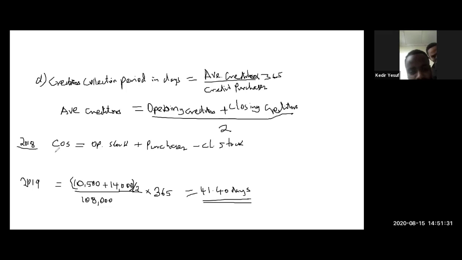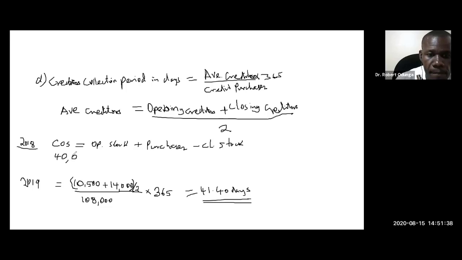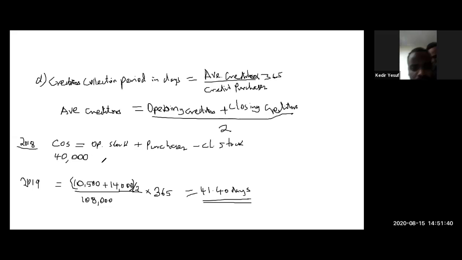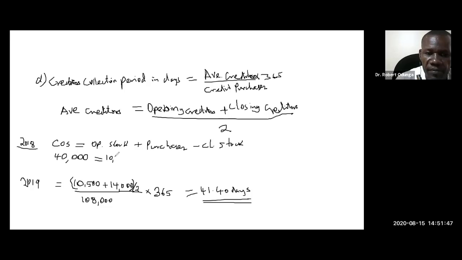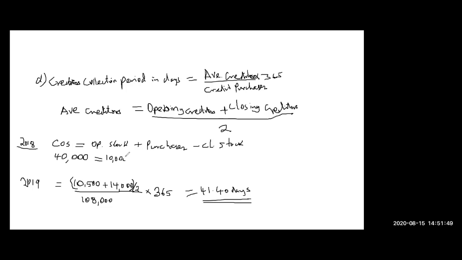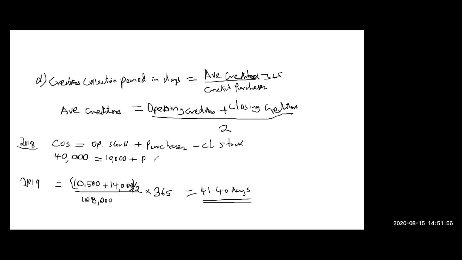So we had cost of goods sold as 40,000, equal to opening stock of 10,000 plus P minus 12,000.